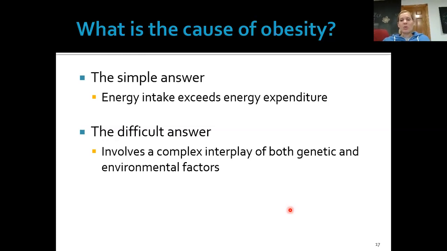The more difficult answer for the cause of obesity is much more complex than that. We need to understand both genetic and environmental factors that are contributing to this imbalance of calorie intake versus calorie expenditure.